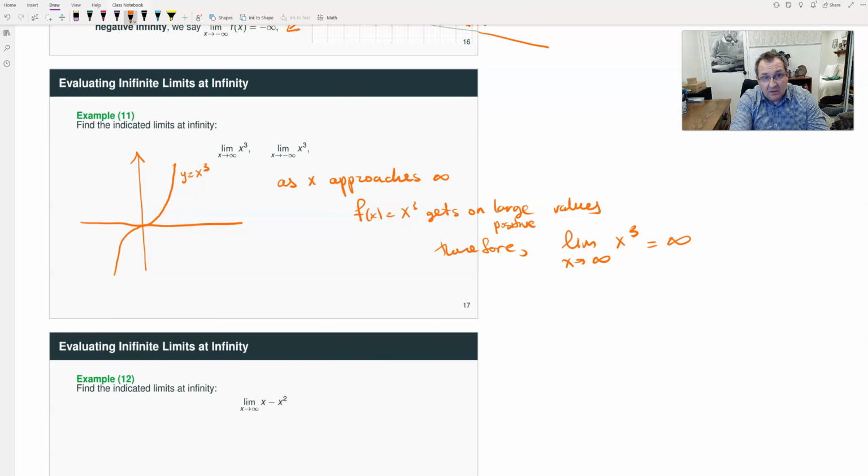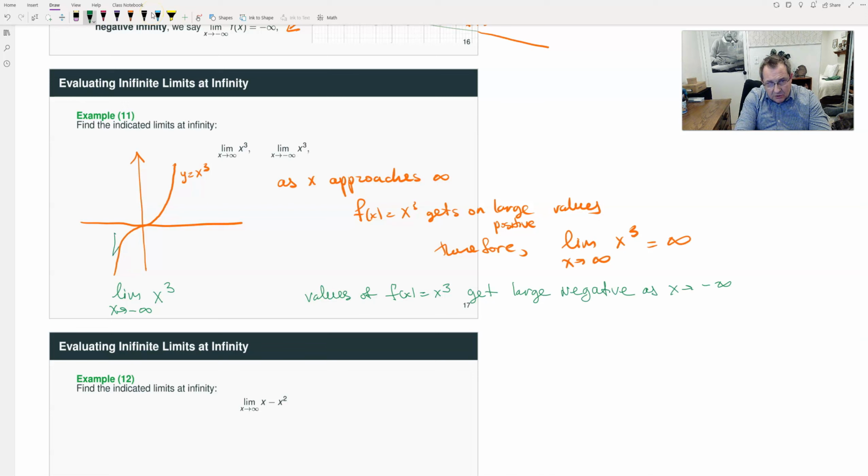On the other hand, as the value of x approaches negative infinity, we notice that the values of f of x equals x cubed get large negative.